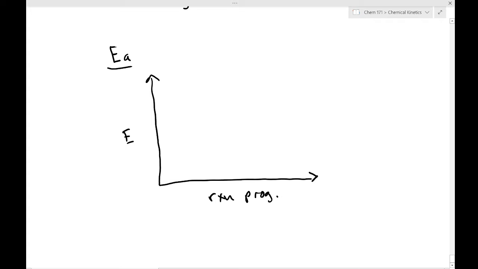The energy for the acetonitrile is lower than the methyl isonitrile. So we start out with methyl isonitrile, CH3, N triple bond C, and the final energy level for acetonitrile is here. But we have an activation energy barrier to overcome before we can actually get to the product.